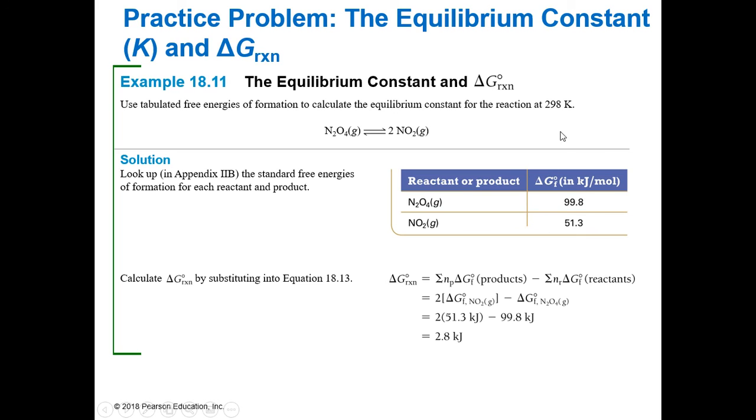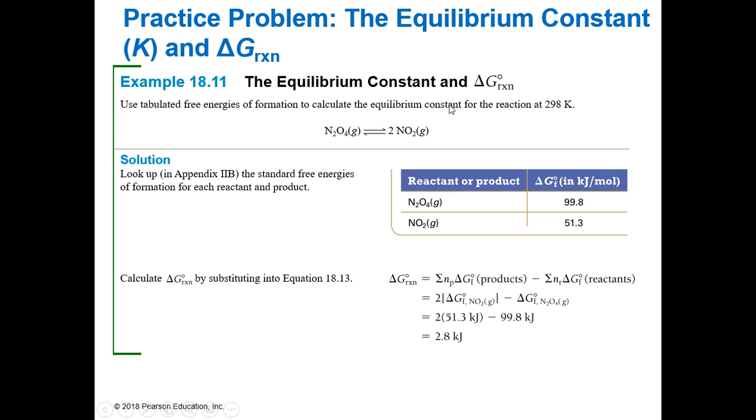They gave us delta G's of formation. So we solve our delta G of formation, this is our products minus our reactant, so 2 times NO2 minus N2O4. We go ahead and solve that out. We get delta G naught of our reaction is 2.8 kilojoules.